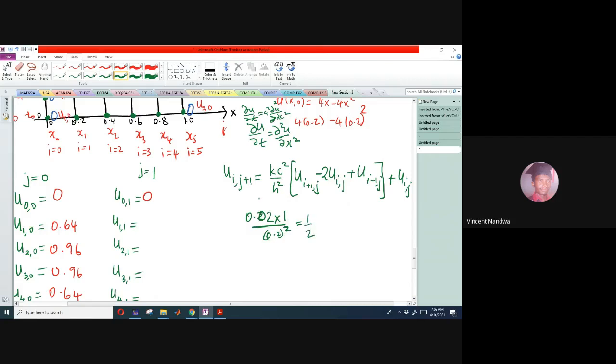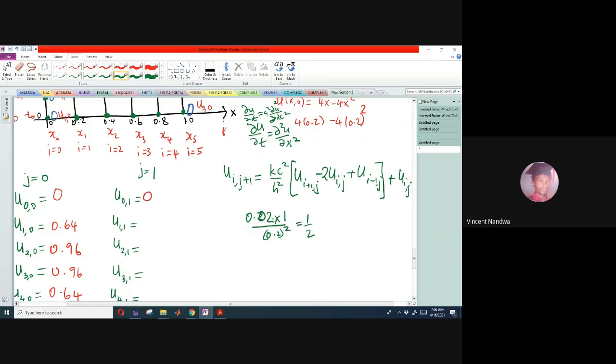And when you put a half here, this will be a half u(i+1, j) minus u(i, j) plus a half u(i-1, j) plus u(i, j). So this minus u(i, j) cancels with this positive u(i, j).